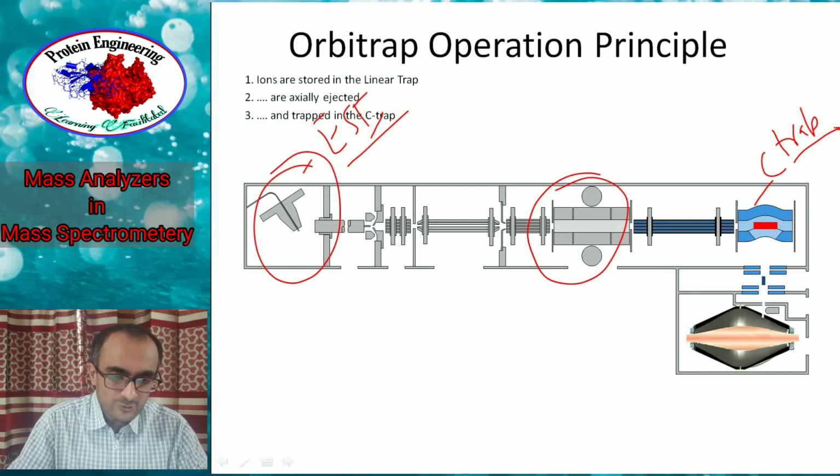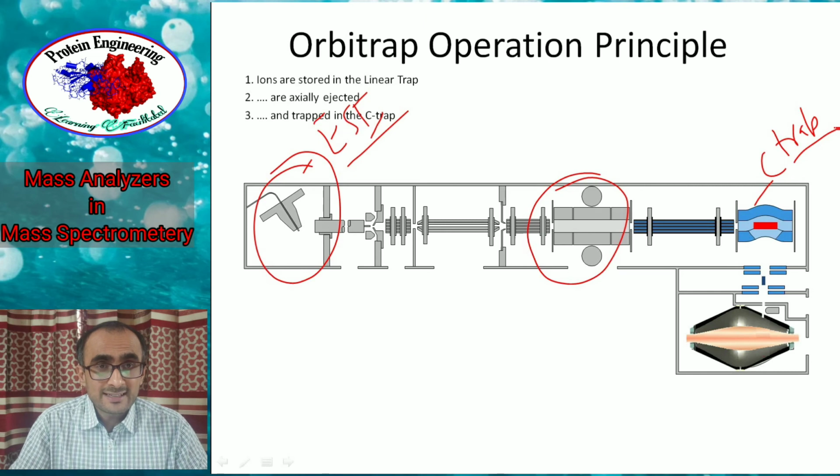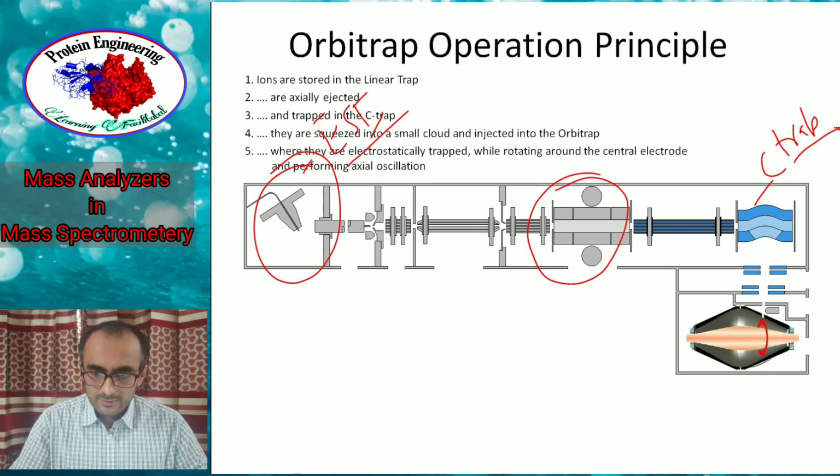The function of the C-trap is to make packets of those ions and send them to the Orbitrap. So these ions are squeezed into a small cloud and injected into the Orbitrap here.